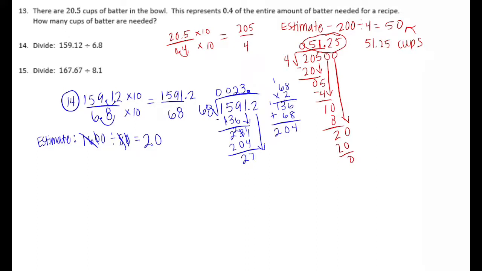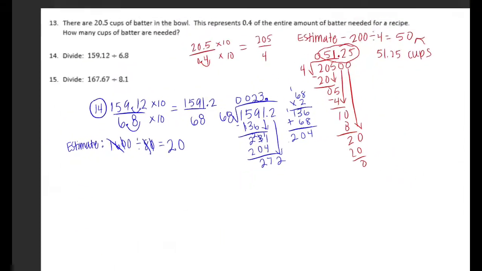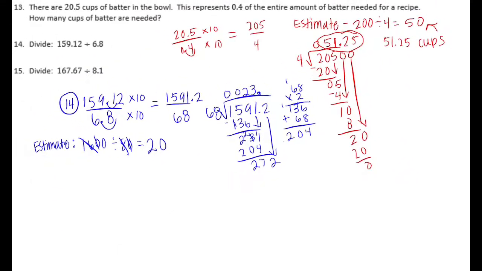Bring down the 2. 204 was times 3. Let's see what times 4 is. So let's add another 68 to this. 4 plus 8 is 12. 7, 2, 272. So this was times 4.